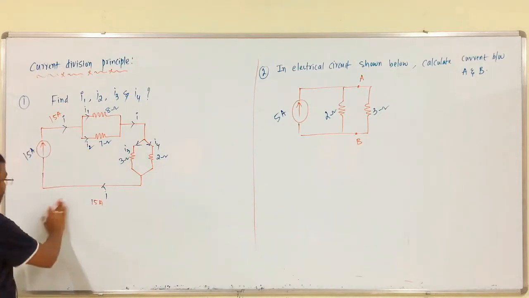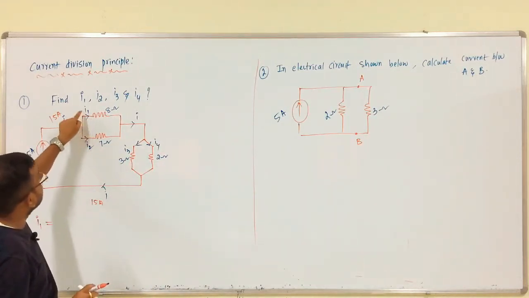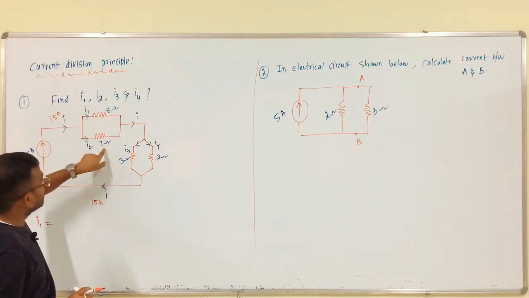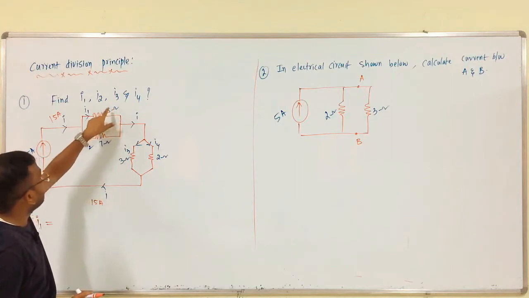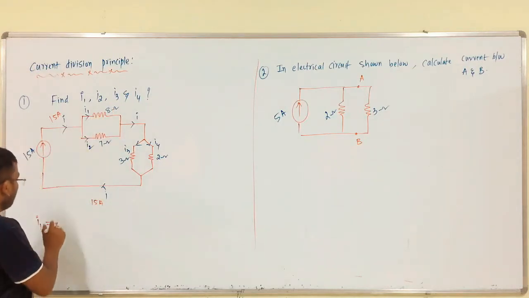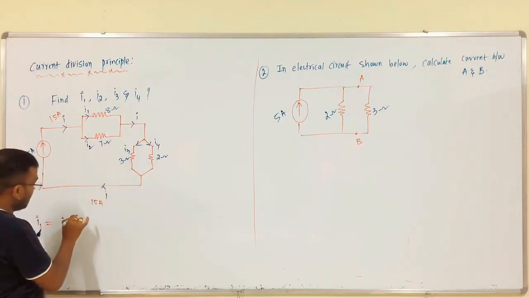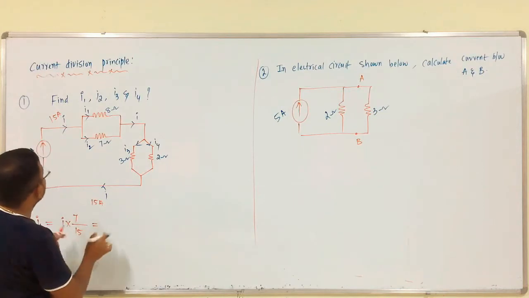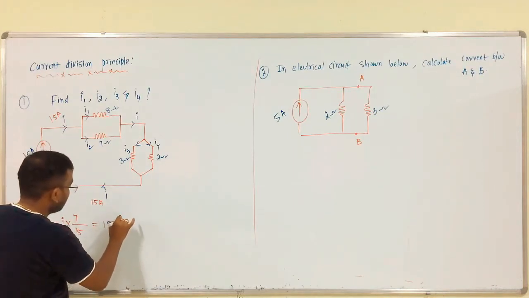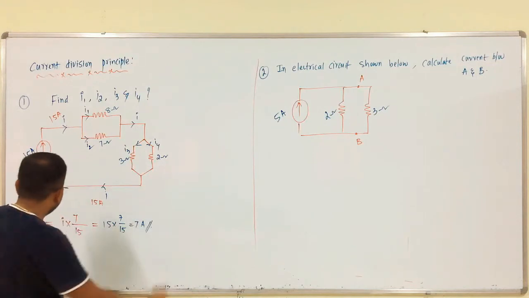So, we all know this. I1 equals what? In order to calculate I1, consider the ratio of the opposite branch resistance to total resistance, multiplied by total current. So, total current 15 into opposite branch resistance 7 by total resistance 15, which equals 7 amps. So, I1 is 7.